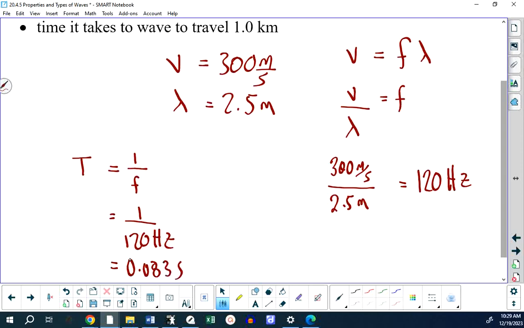We were also asked how long does it take the wave to travel 1 kilometer. There's nothing wrong with simply using speed equals distance over time, right? The wave is traveling at 300 meters per second. We want to know how long it takes to travel a kilometer, which is 1,000 meters.